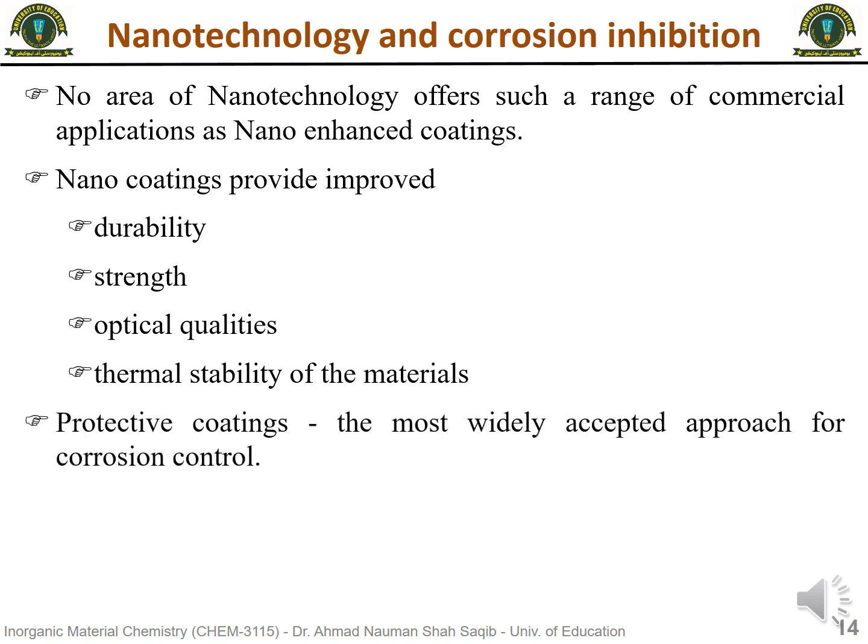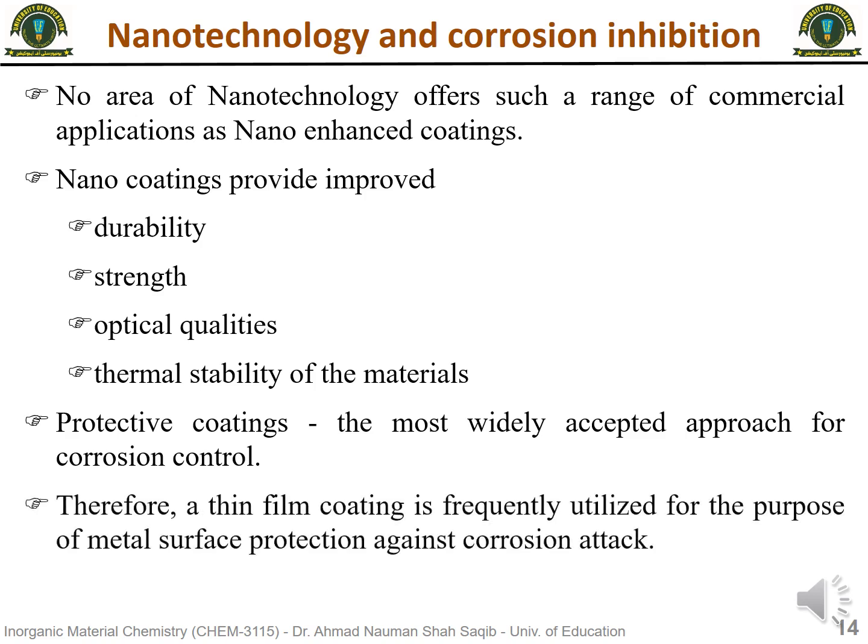So that's why nano coating is the most widely accepted approach for corrosion control. So it is the most preferred approach for corrosion inhibition, कि उसके ऊपर nano coating की जाए on the metal surface. So that is the most commonly used method nowadays against corrosion.